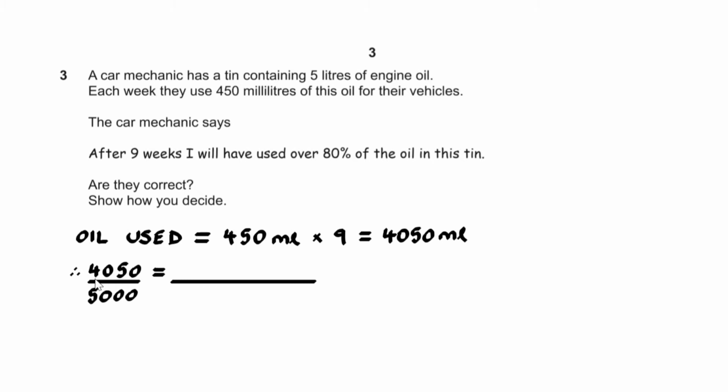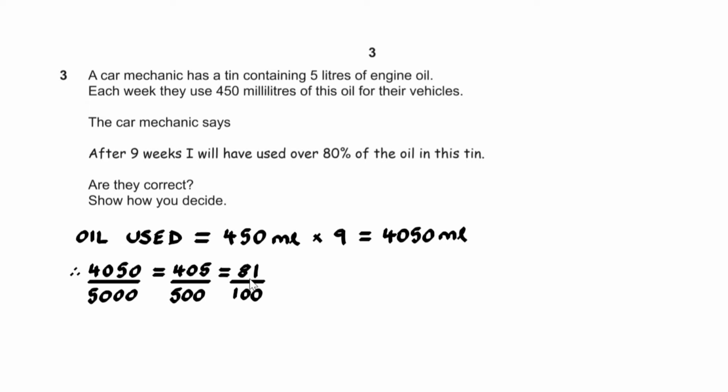Well, dividing both the numerator and the denominator by 10, we would have 405 divided by 500. And if we attempt to simplify this even further, we can divide both the numerator and the denominator by 5. So 405 divided by 5 is 81. 500 divided by 5 is 100.